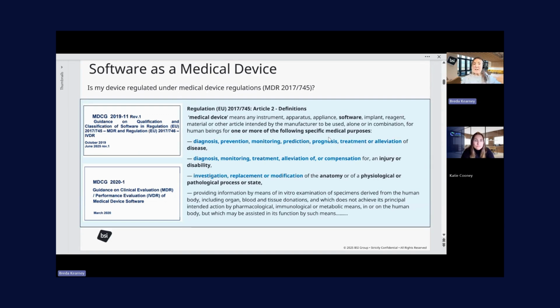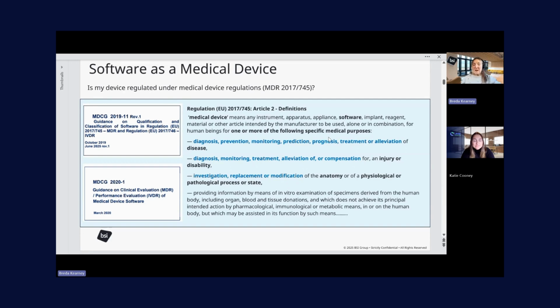The other important thing is for your device to fit in under MDR, it has to actually have a medical effect. So it has to do something medical, and it has to meet the definition of a medical device, which can be found in Article 2. Essentially, it's any type of software that's involved in primarily diagnosis, monitoring, prediction, prognosis of disease or disabilities.